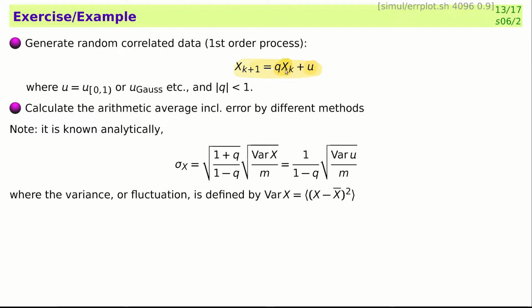So this introduces correlations between data, and then I use all these methods and compare with the analytical value, because now the true error estimate, the true standard deviation, is known analytically. So I am not going to prove this, of course, but for testing the method, it is good enough.